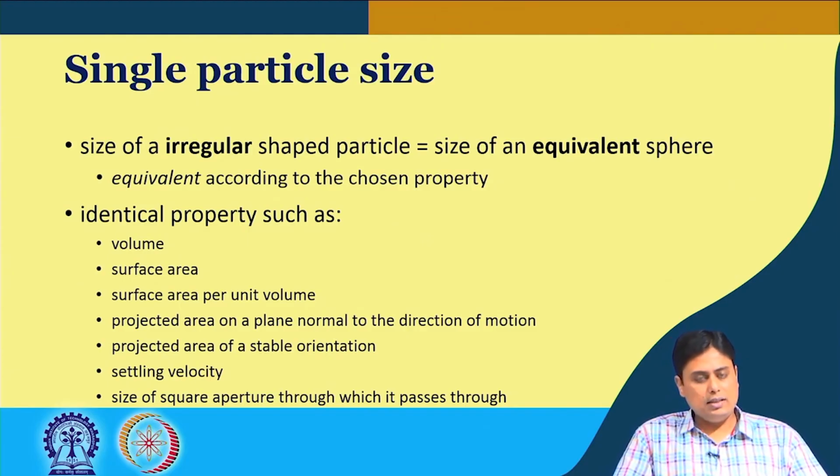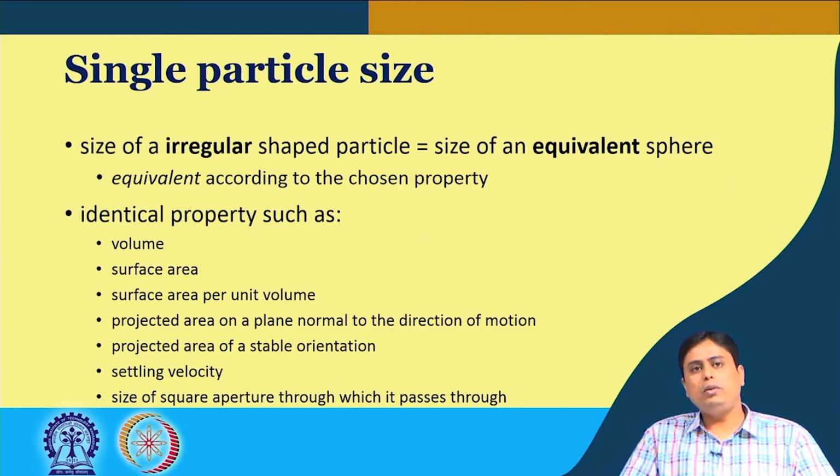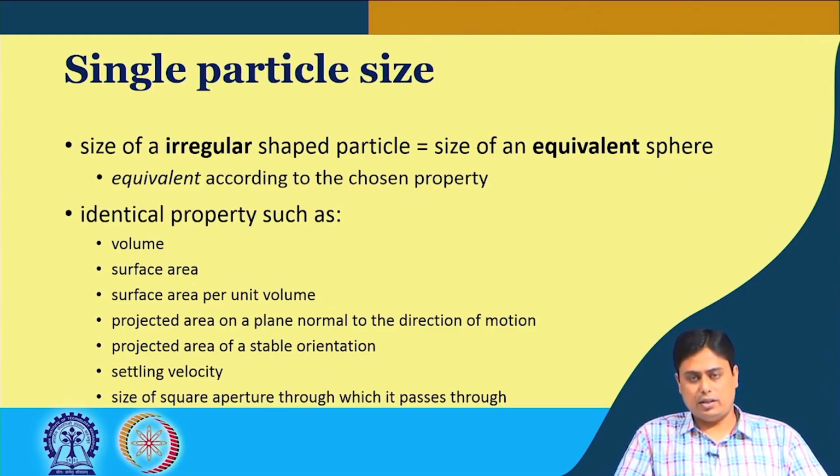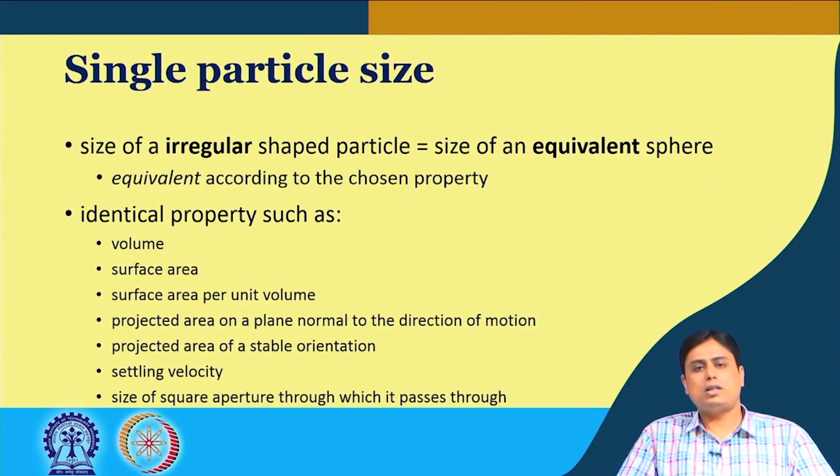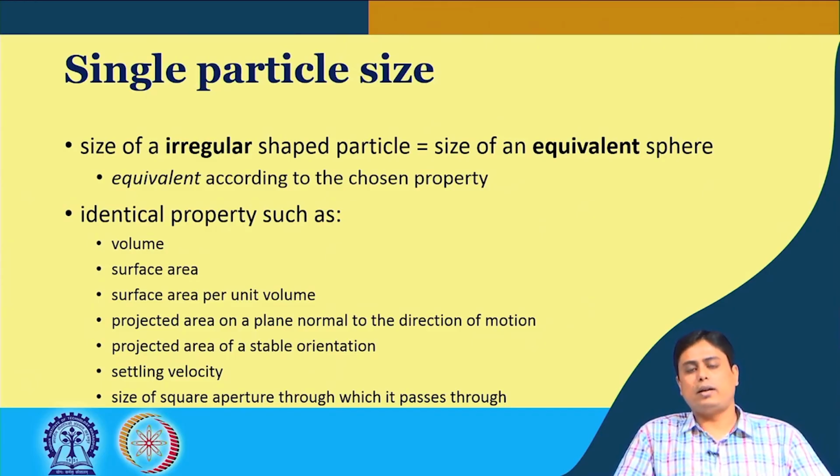So, basically, you equate that with the projected area of a stable orientation of the irregular shaped particle. When you try to measure its dimension through microscopy, it would not sit on the slide or plane in any random orientation; it will sit in its stable orientation.